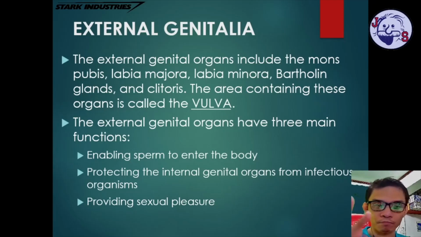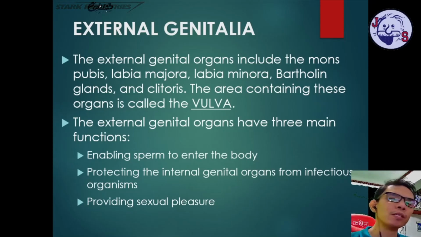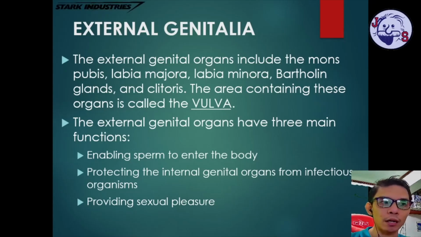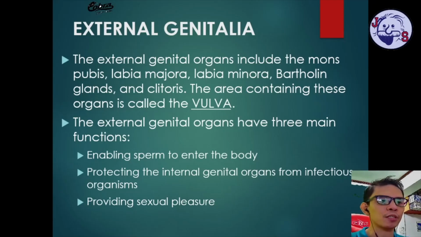So that is the part. And what is the purpose of this external genitalia? There are three things. Number one, it enables the sperm to enter the body. The second is it protects the internal organs like the cervix, the vagina, and the uterus from infectious organisms like bacteria, fungus, and other things.